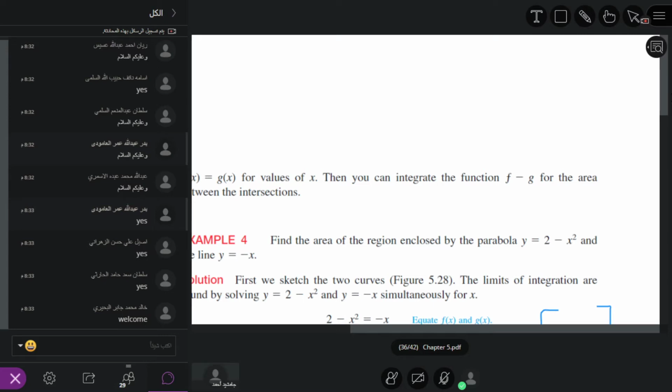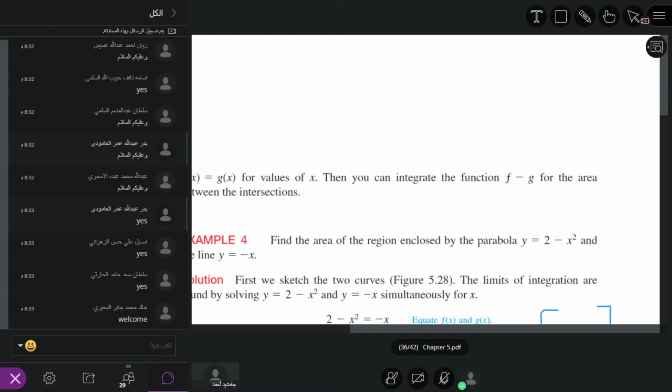So from here we observe that 2 minus x square has greater values, but in the definition it is given that we have to find the area throughout the interval. For this case we put here 1.